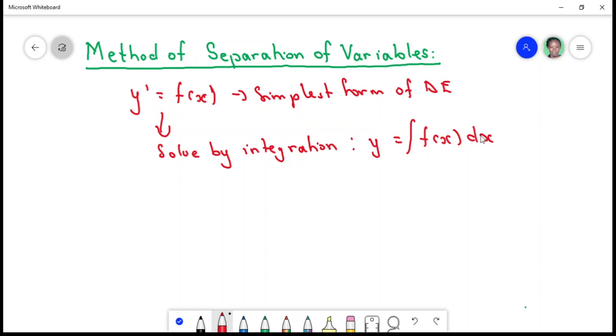So with that simplest differential equation, the solution could be solved as this.